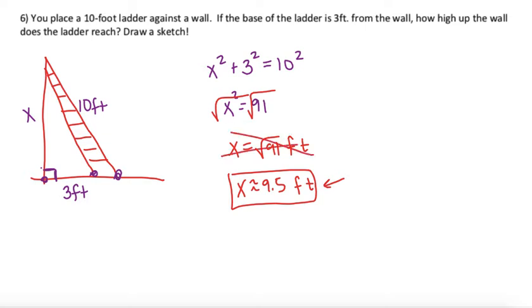So that would typically be out just for context. But this is the exact answer. This is still an approximation. So it just says how high up does the ladder reach? We have our sketch, and either one of those would be fine. This approximation makes more sense as far as the context of an actual conversation.